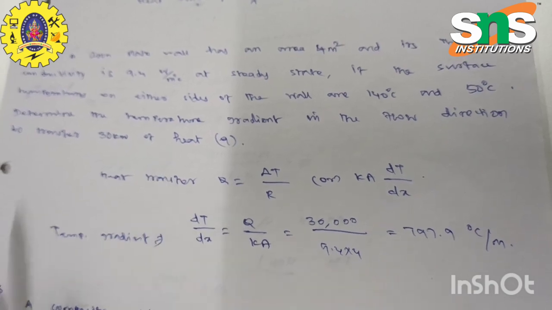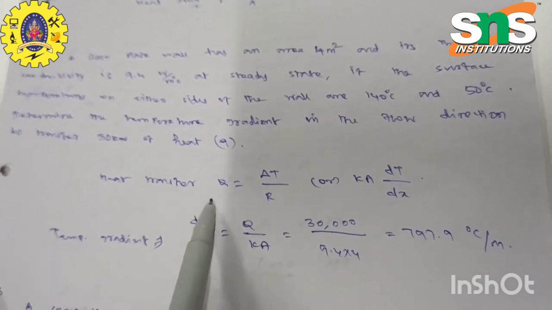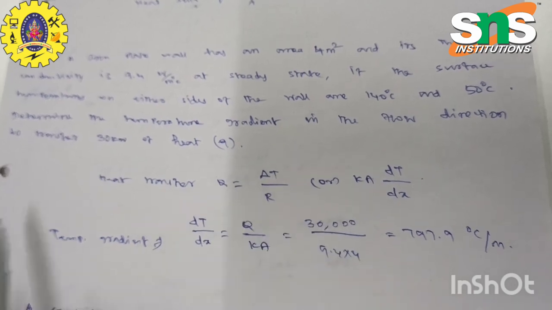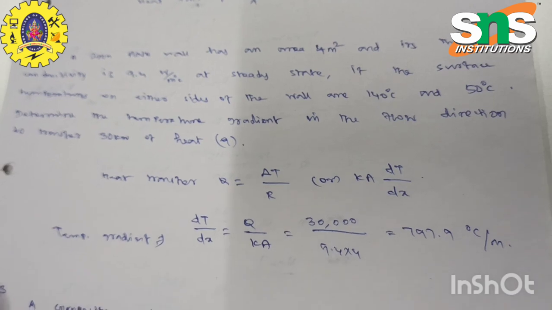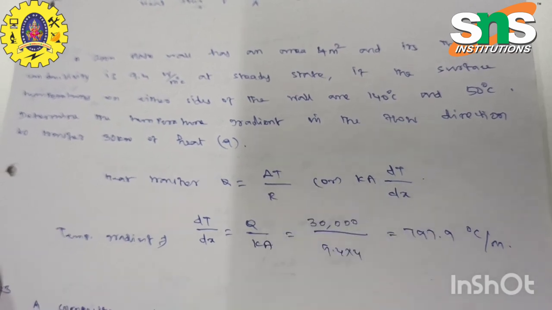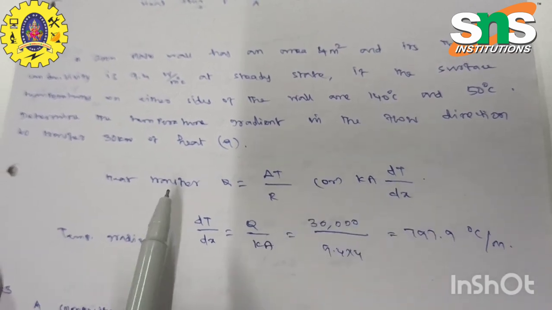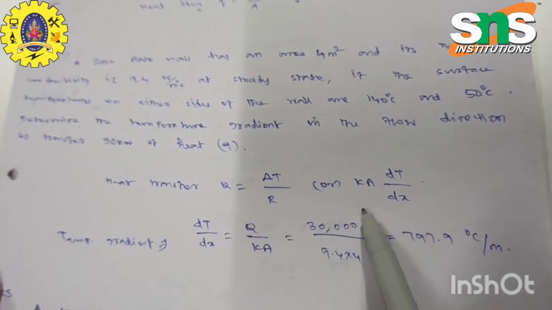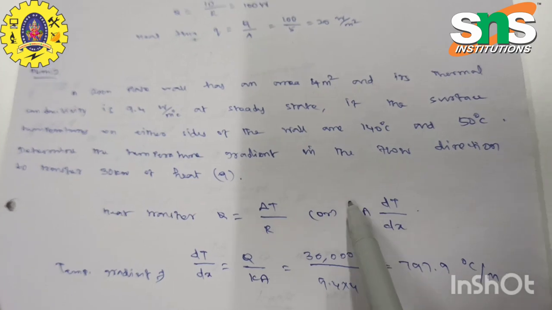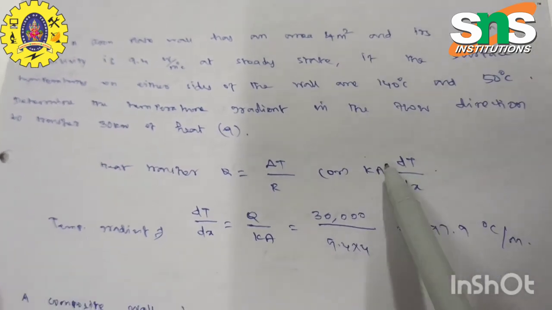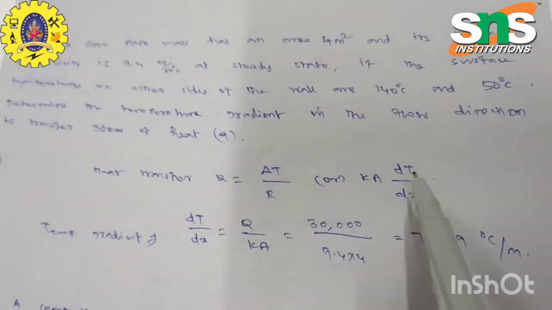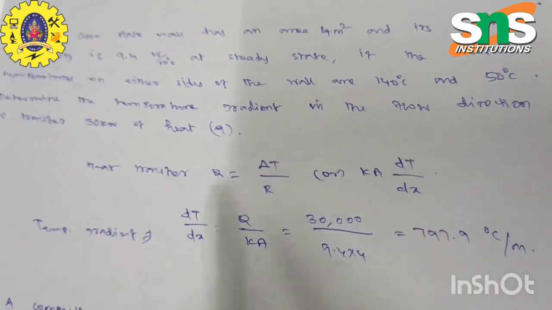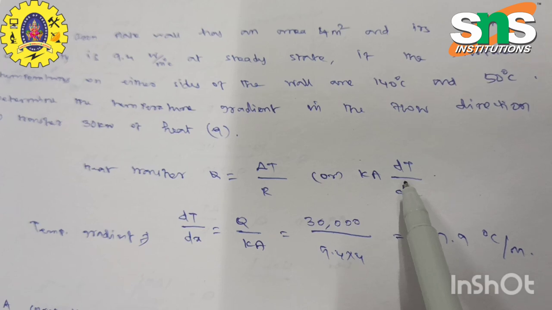We already know that the heat transfer formula for conduction is del T by R, where del T is the temperature difference and R is the resistance. Another formula, from Fourier's law of heat conduction, is Q equal to KA dT by dx, where K is the thermal conductivity, A is the area, and dT by dx is the temperature gradient.